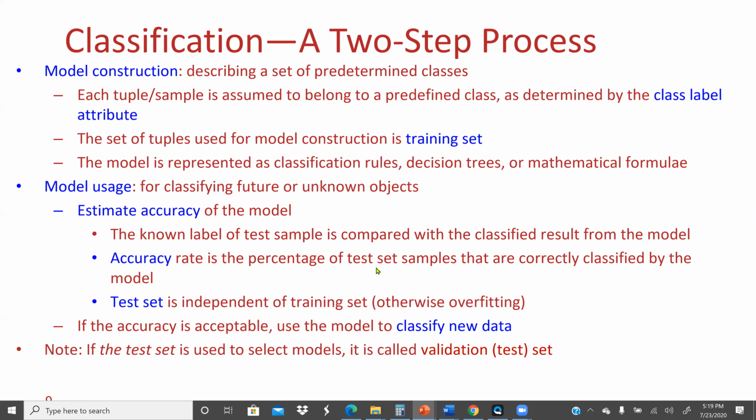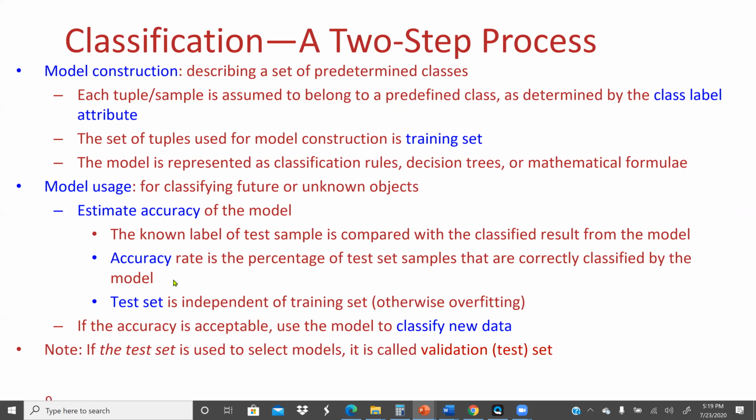At least somewhere between 80, 90, or 95 percent is good. The accuracy rate is the percentage of test samples that are correctly classified by the model.